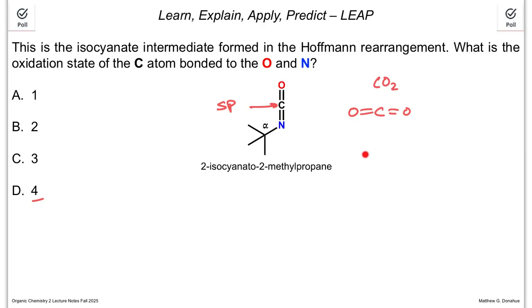Because it wants to go down in oxidation state. So these type of reagents we'll see again once or twice before the end of the semester, specifically in the synthesis of peptides.